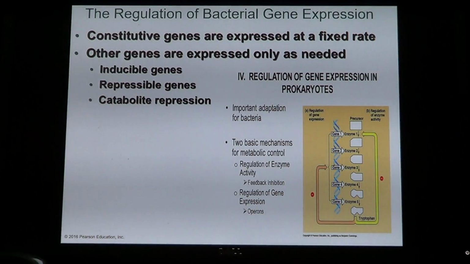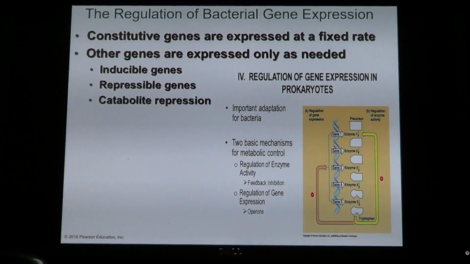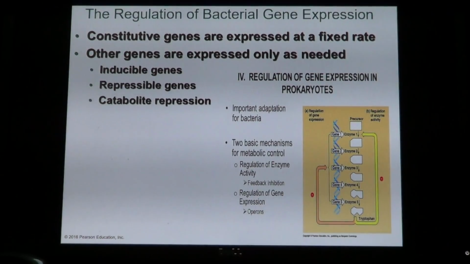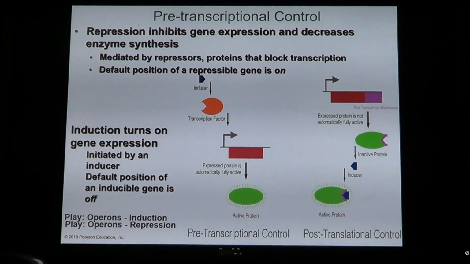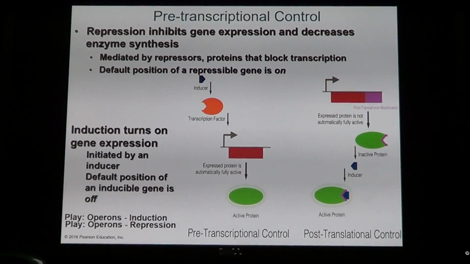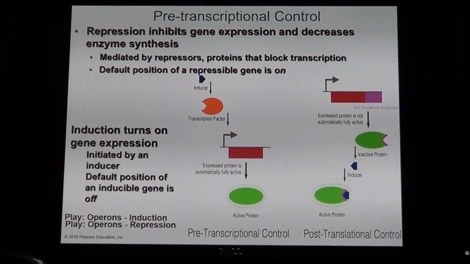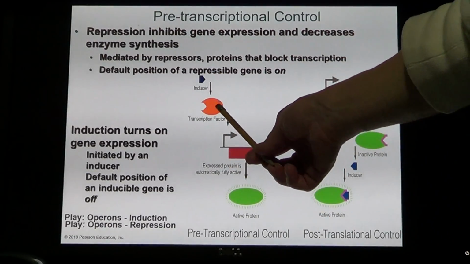Again, the whole thing is regulated by the genes, by the operons. There are two levels of gene expression control in eukaryotic cells. The pre-transcriptional control, before messenger RNA is built, is based on an inducer binding.